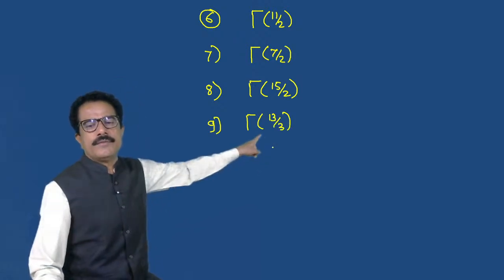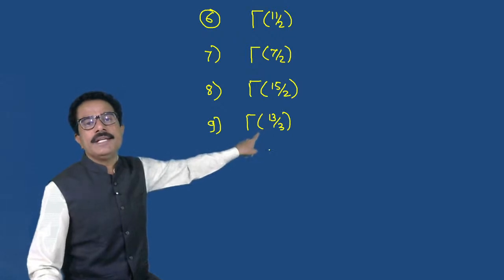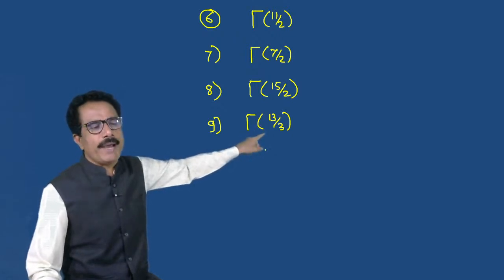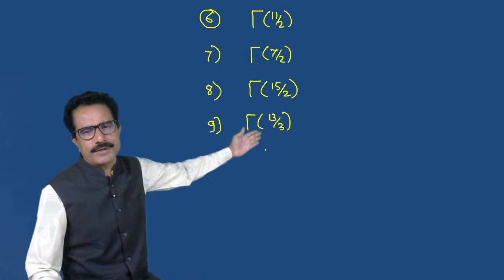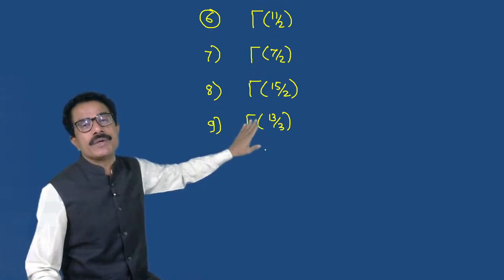See this, for this we can't find the value in terms of root pi, but we can write it in the simplified gamma function. We can find the value of this in the simplified gamma function.